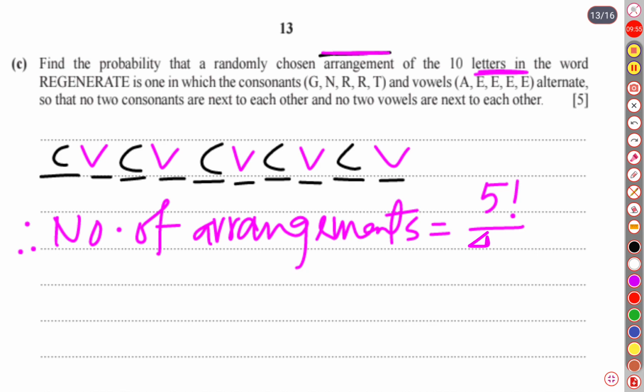So for identical letters we will divide it by 4 factorial. Now this was about vowels. Now what about consonants? There are five consonants as well. Out of five consonants, there are only two R's identical. So we will divide it by 2. So these are the possible cases of arrangements.